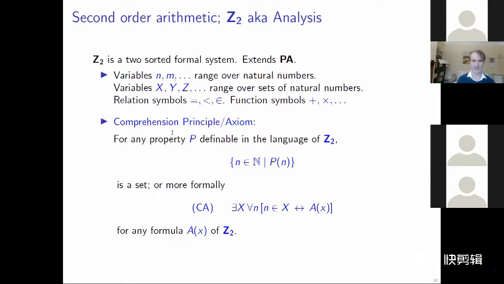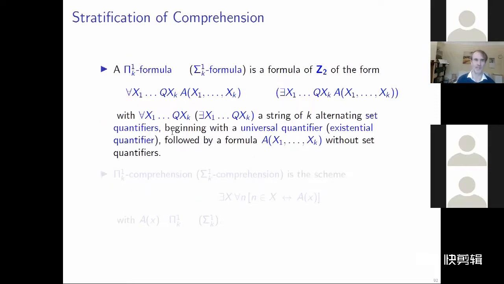They can accommodate a lot of mathematics. And the usual stratification is you can stratify comprehension, and what you count here is the number of alternating second order quantifiers.